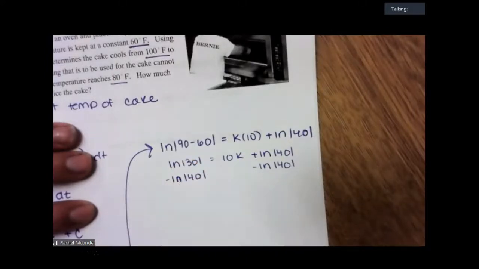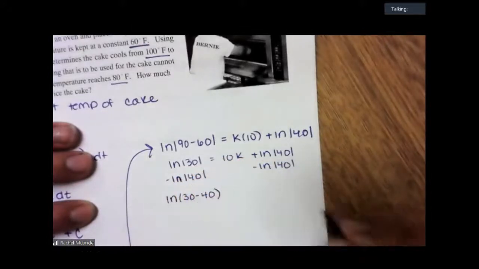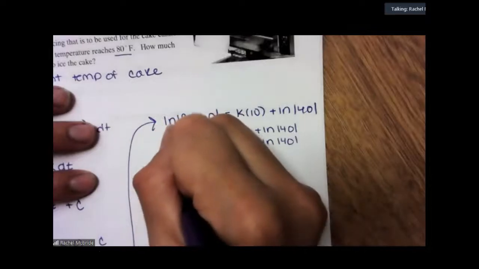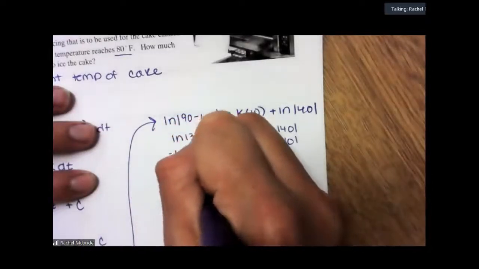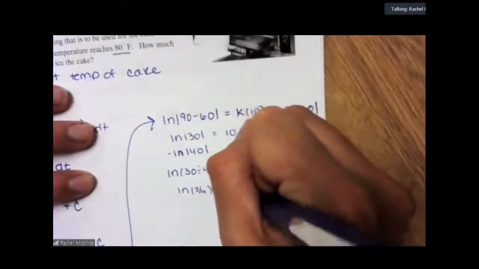So subtract your natural log of 40 from the natural log of 30. Or, sorry, 30 divided by 40, because subtraction becomes division, where it's the opposite of exponential. So it's really like 3/4. And then we're going to divide by 10.